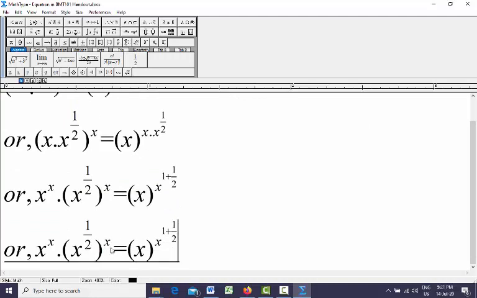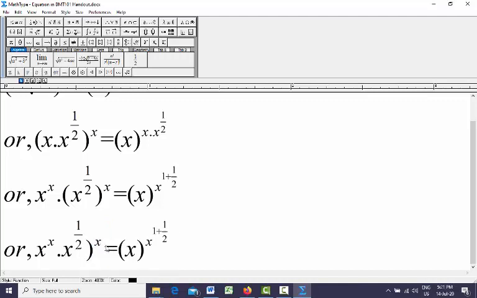now since there is a power inside the bracket and a power outside the bracket, as I said before, the rule says that the power inside the bracket will get multiplied by the power outside the bracket.